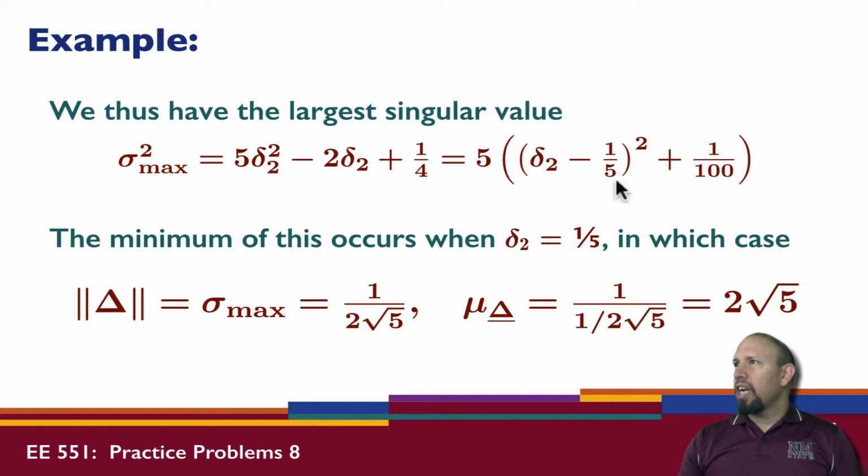It's the value that I get when I make this 0. Okay, and so that's the norm of the uncertainty. The mu is 1 over that, and so we get 2 root 5 as our structured singular value for this particular matrix. So in this case, that's what we get.